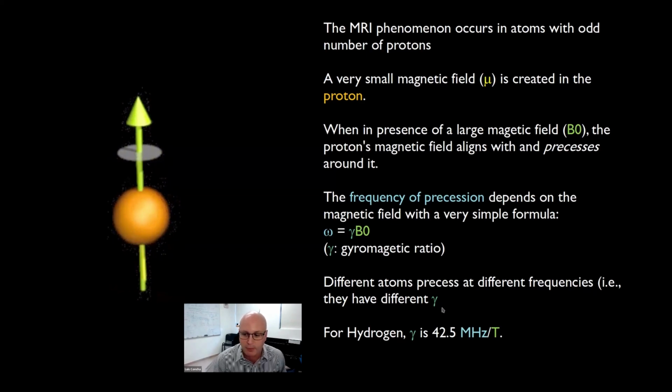So that means that for every Tesla that you have, this little bar magnet mu is moving around B0 42.5 million times per second. And as you know, MRI magnets have different field strengths that range from 0.5 to 3, 7, or even 11 Tesla.